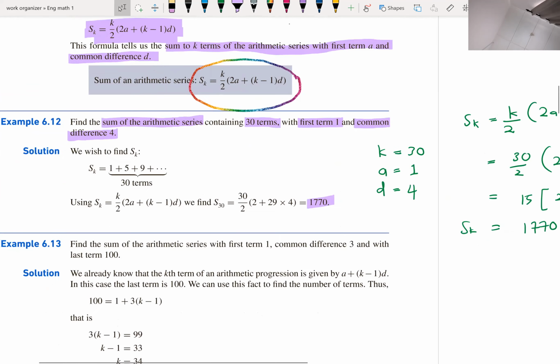Okay. So now, this is the example. So let's say we have, this is the geometric progression, in terms of sequence. Okay, this is the sequence.